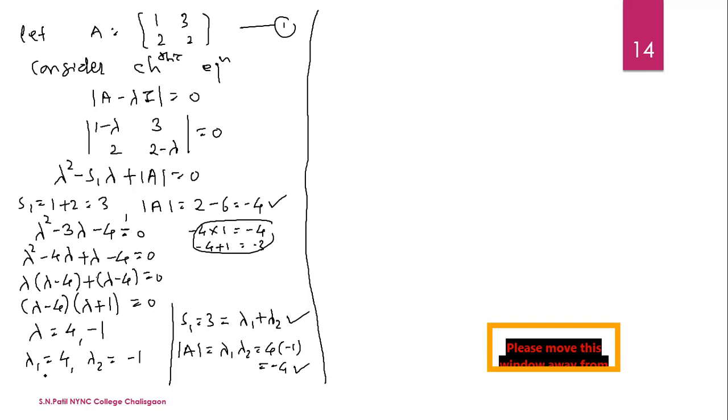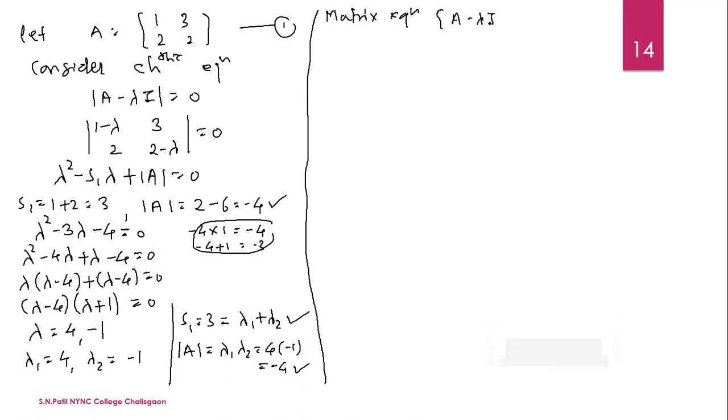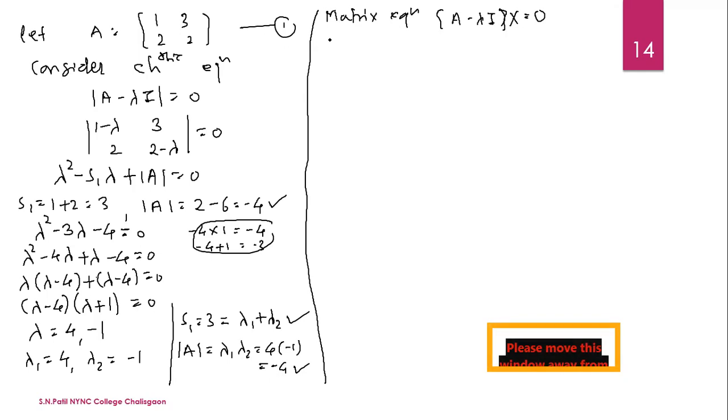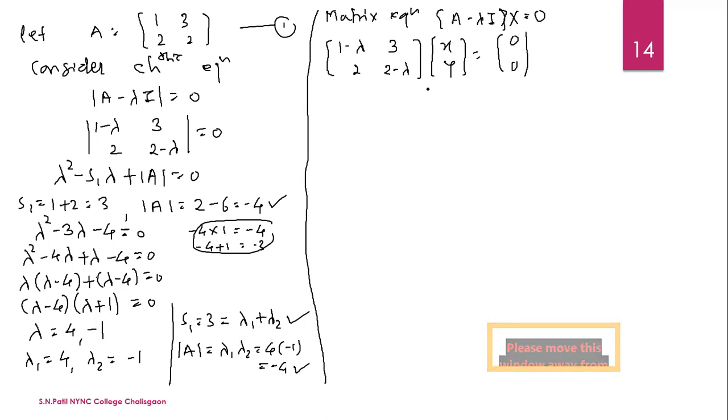Now let us find its corresponding eigenvectors. So for that, consider the matrix equation (A minus lambda I) into vector capital X is equal to 0. That is 1 minus lambda, 3, 2, 2 minus lambda. This is the simplification of A minus lambda I, into capital X, that is x, y is equal to the null column vector.